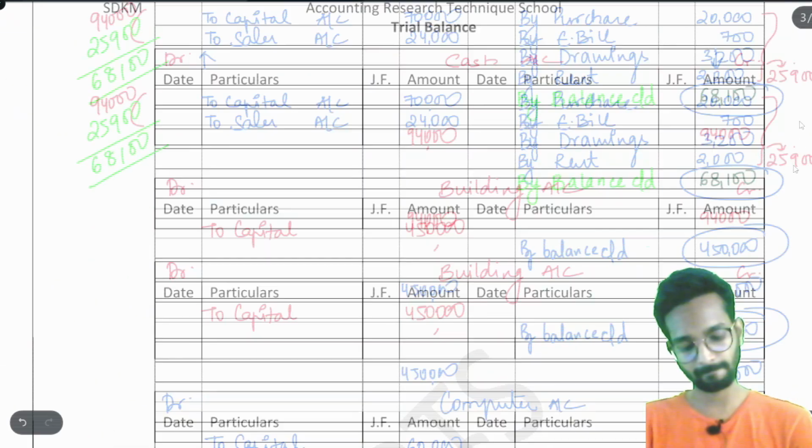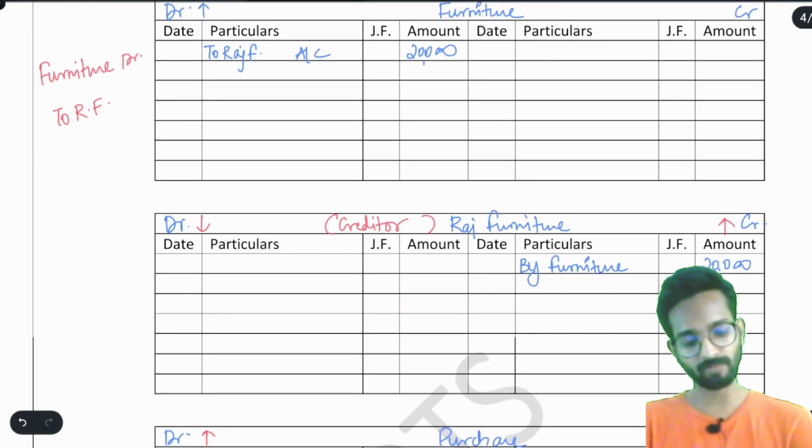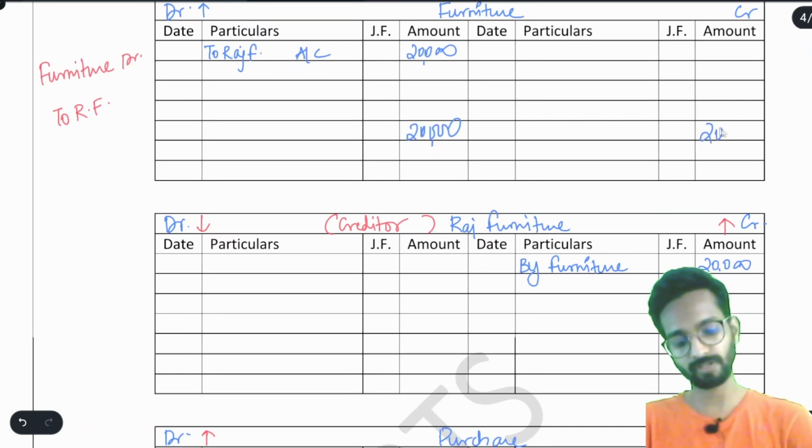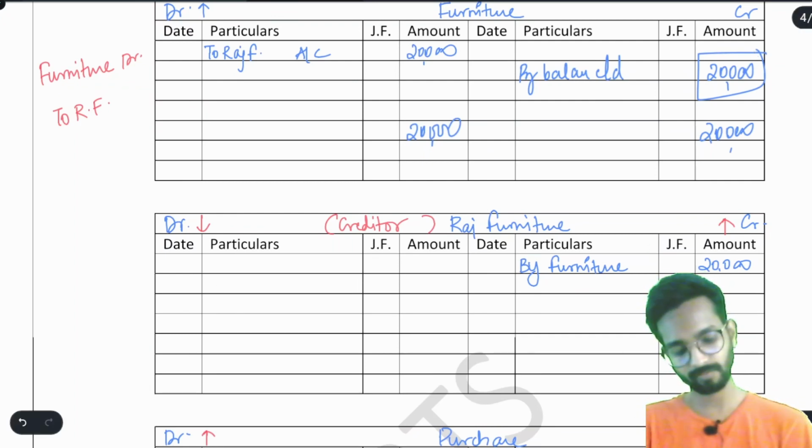After that, furniture purchased from Raj Furniture, see 20,000, so total is 20,000. Here also 20,000. We will write it by balance carried down 20,000. So furniture will be 20,000 written. Here Raj Furniture is our creditor. We purchased furniture of 20,000 rupees. We will write here 20,000 to balance carried down 20,000.